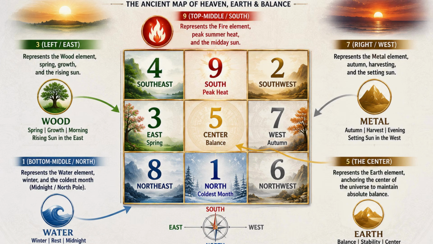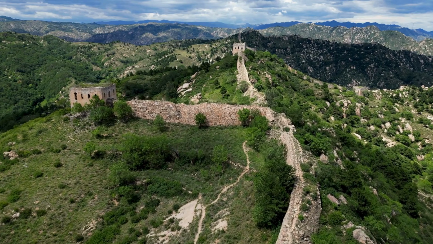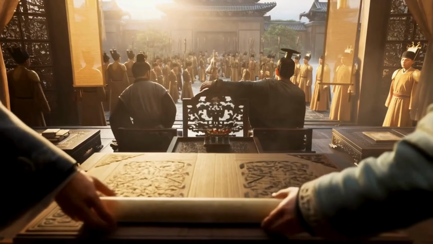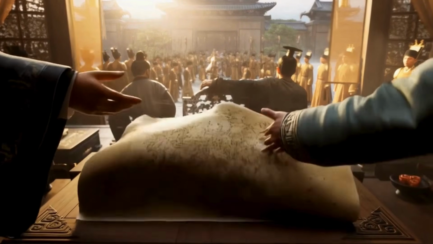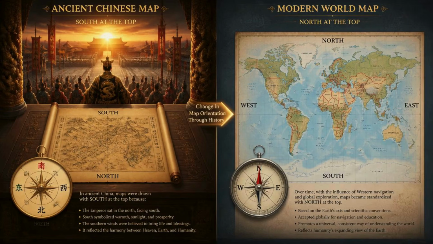Why? Because the ancient Chinese used a different directional system. The emperor traditionally sat facing south. So their maps were oriented differently from ours.